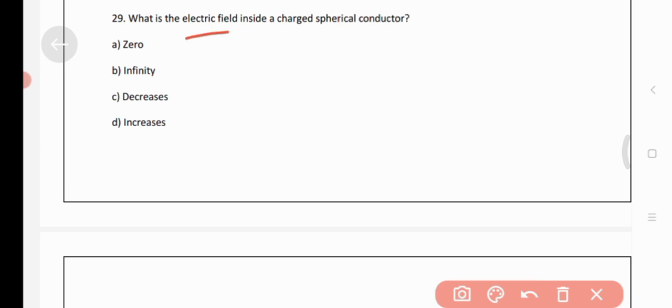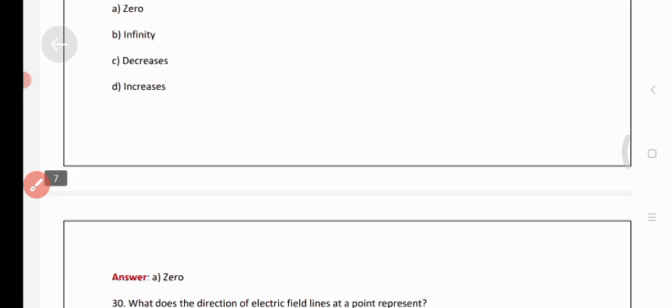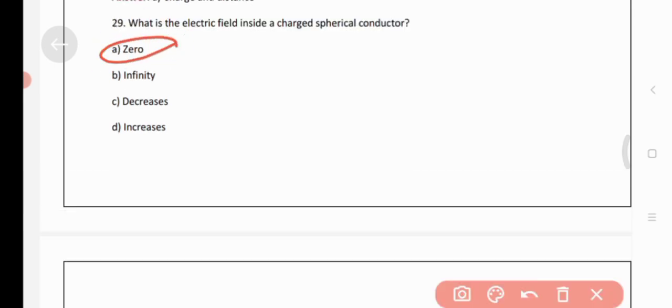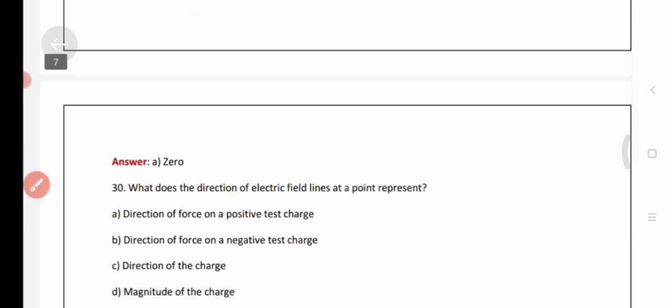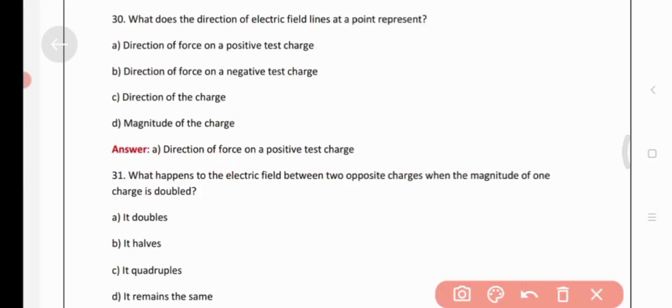What is the electric field inside a charged spherical conductor? Option A, 0. What does the direction of electric field lines at a point represent? Option A, direction of force on a positive test charge.